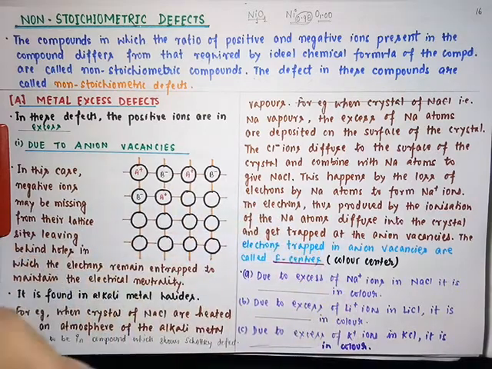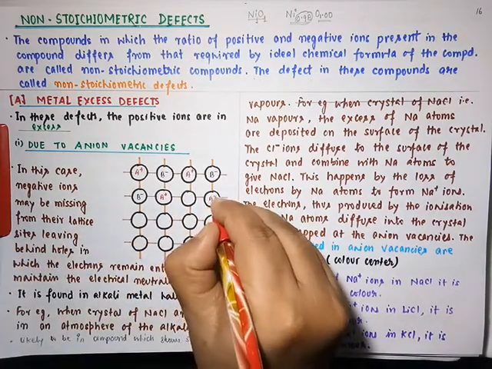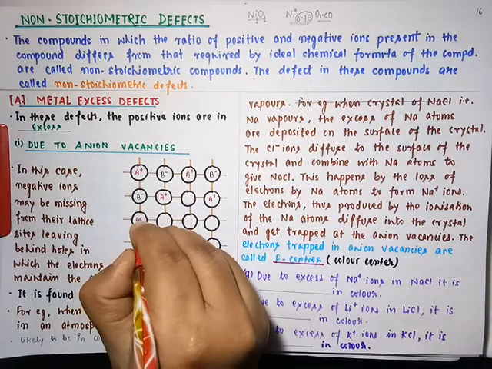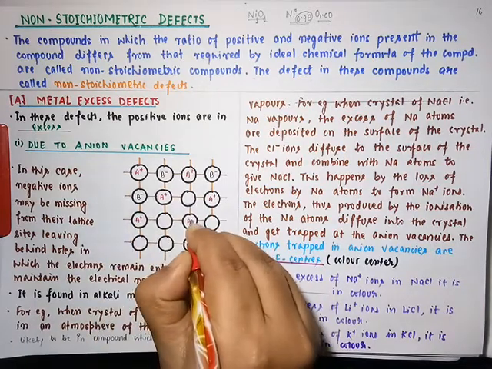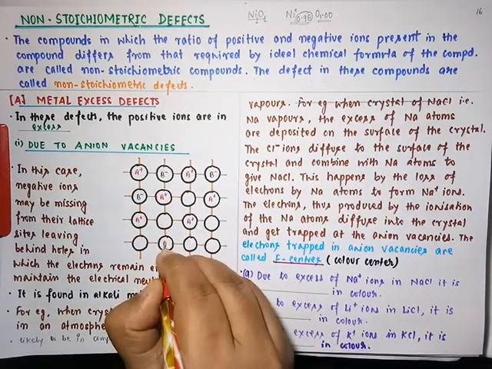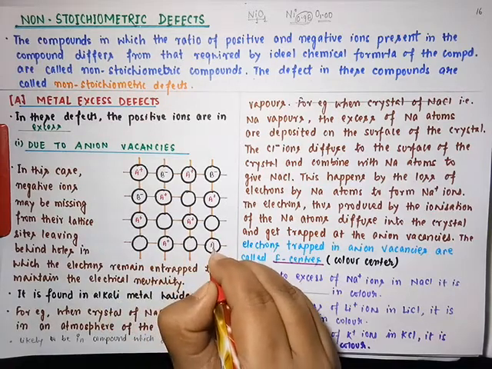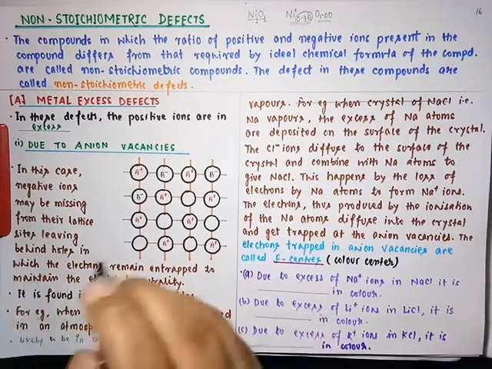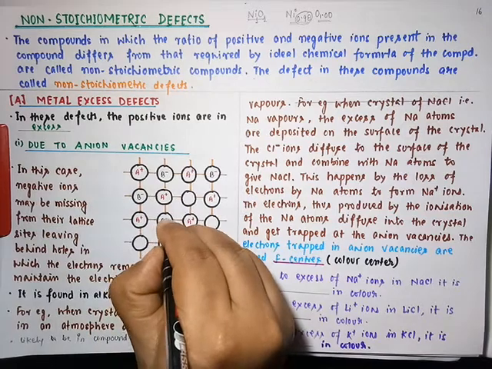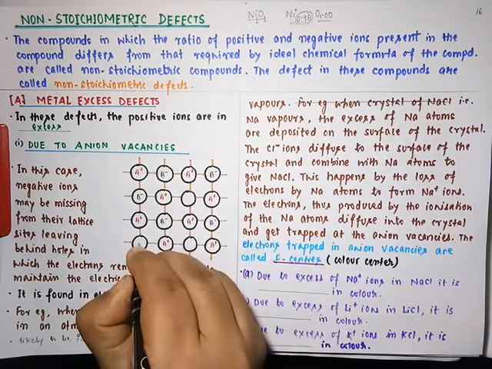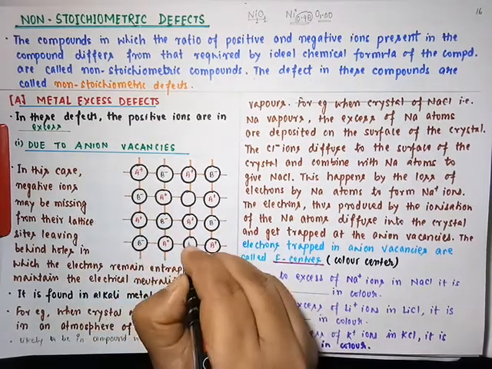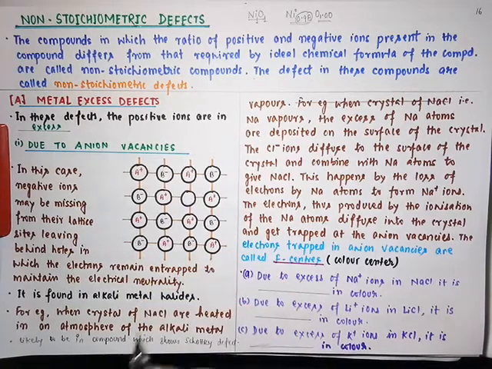Here this is A plus, A plus, A plus, A plus. Here this is B minus, B minus, B minus, B minus. This is for the case of ionic solids.